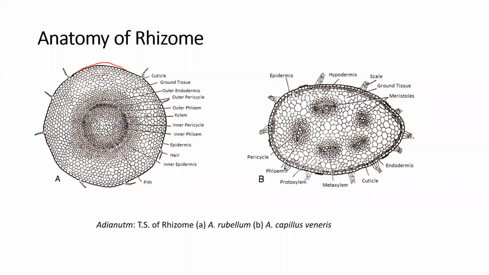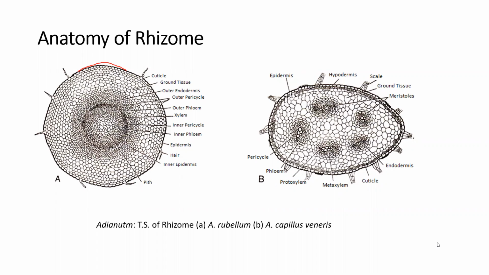The outer pericycle, outer endodermis, inner pericycle and inner endodermis have been observed. On both sides of the xylem, there is outer phloem as well as inner phloem. This has been observed in Adiantum rubellum.